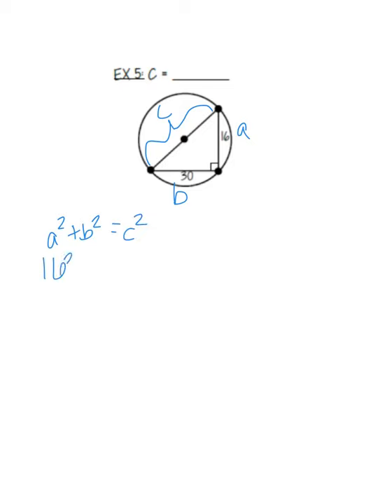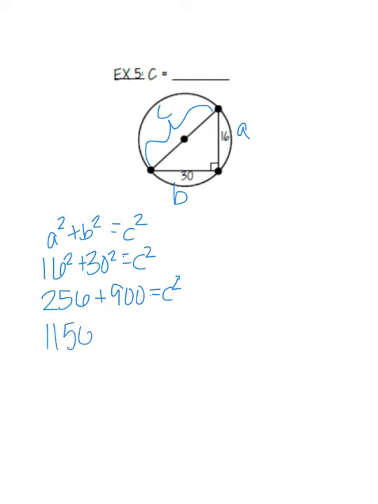So 16 squared plus 30 squared equals C squared. 16 squared is 256, plus 30 squared is 900, equals C squared. The sum of 256 and 900 is 1,156, and that's equal to C squared. I have to undo my square by taking the square root, and when I take the square root of 1,156, I get 34.